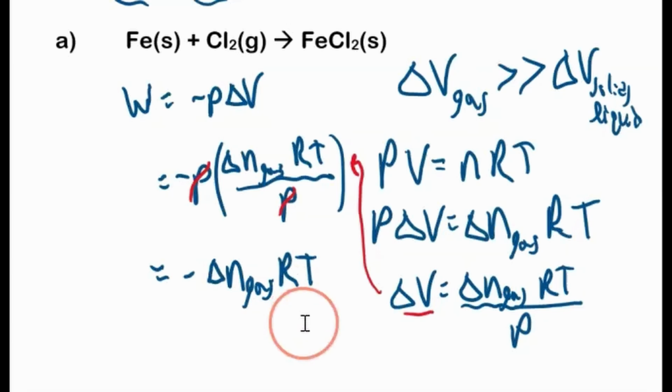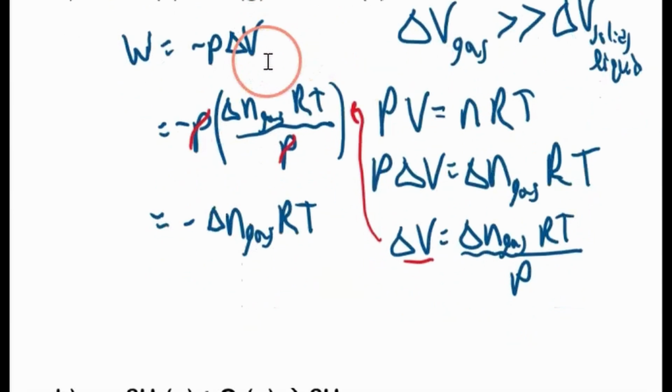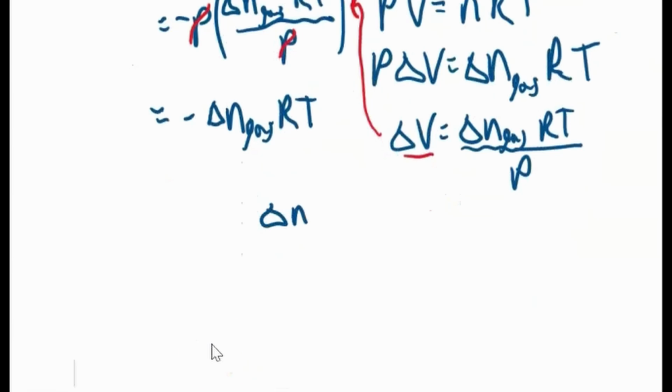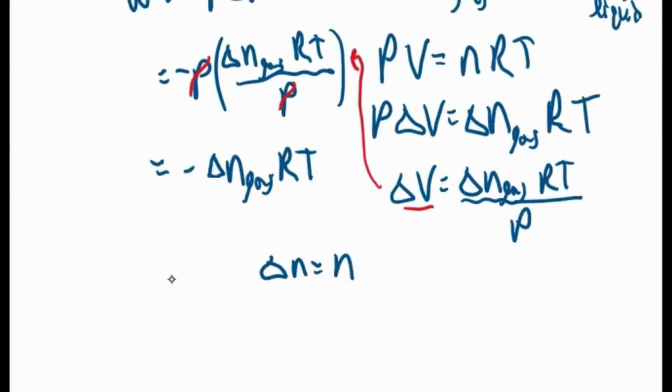Now, we know what T is, we know what R is, but what about this change in moles? The change in moles of the gas we get from the balanced equation. Change means the final minus the initial.